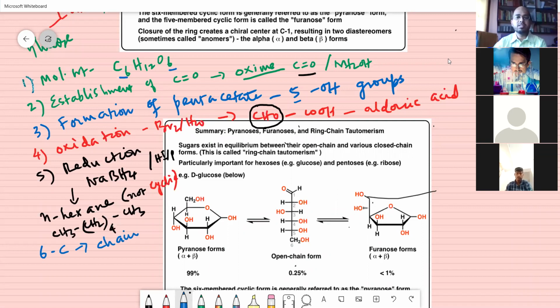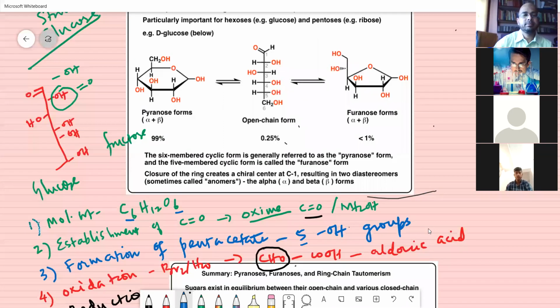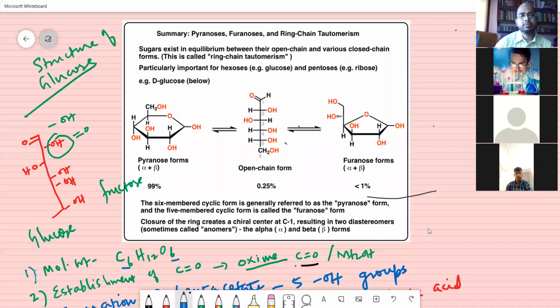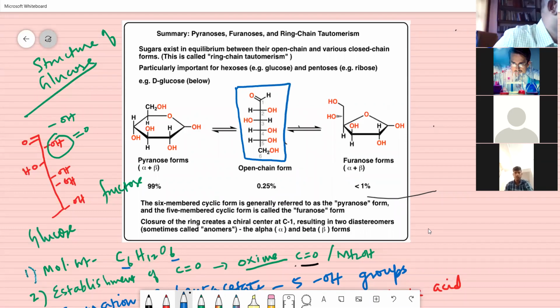So these 5 reactions suggest a very good structure like this one.